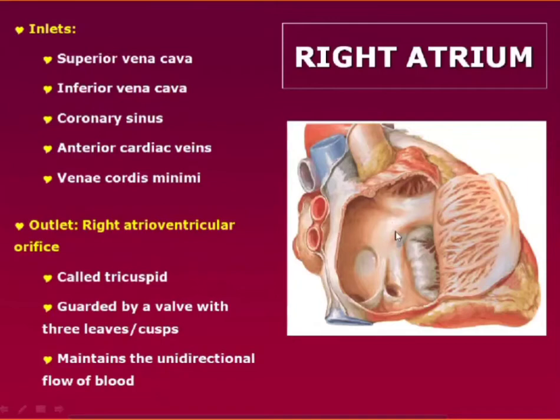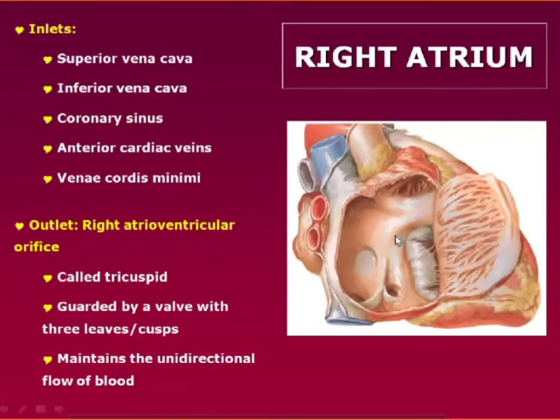The elevation which is produced by the right posterior aortic sinus or non-coronary sinus is called as torus aorticus.